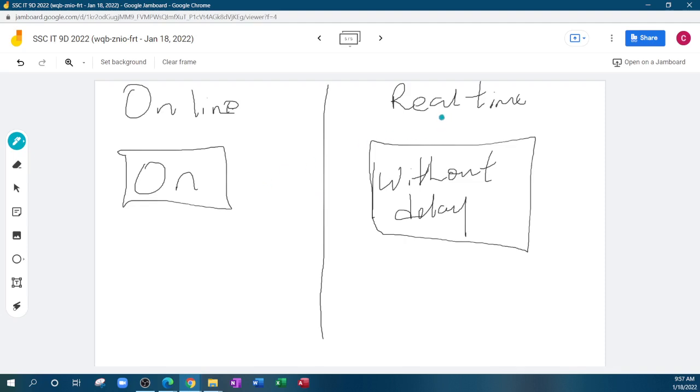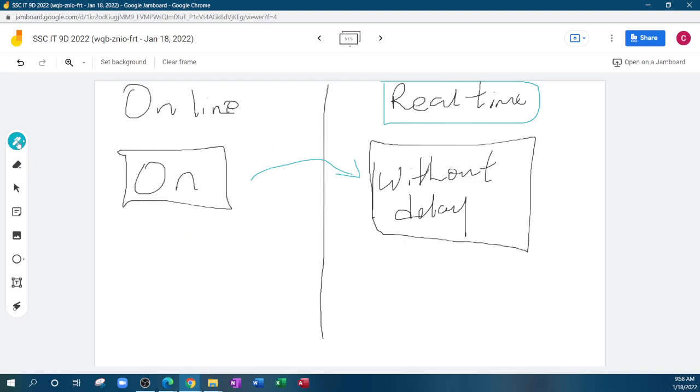So, in order for you to process in real time, your device has to be on. So, a device that is real time processing is also online processing. You guys get that? Once it's real time, it's also online because in order for you to process the data, in the first place you have to be on.